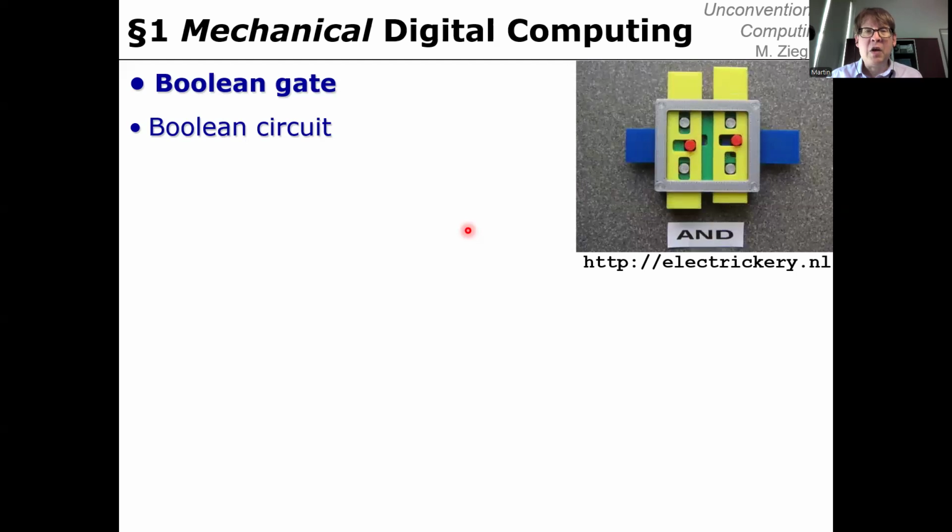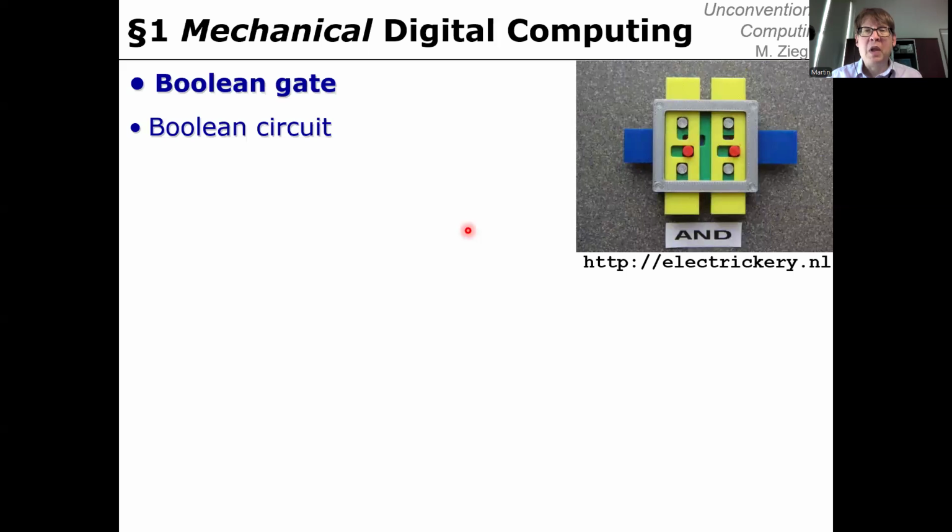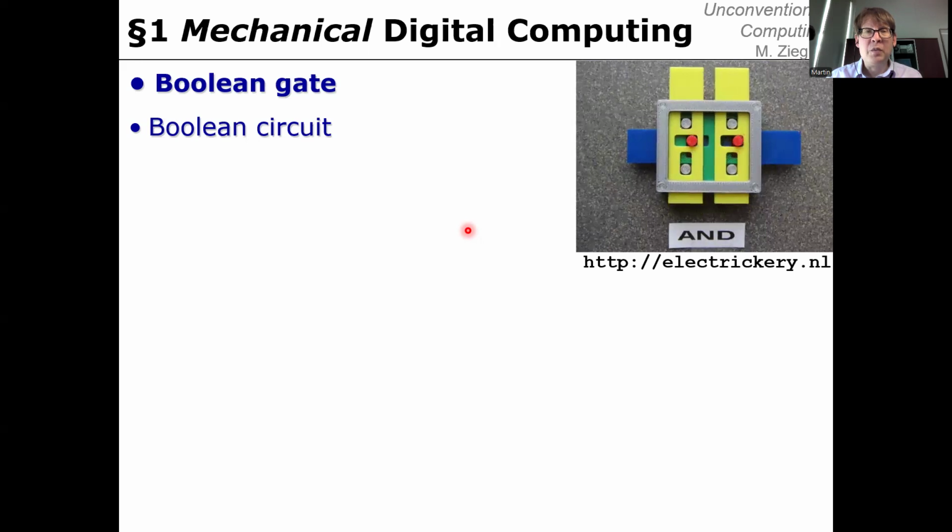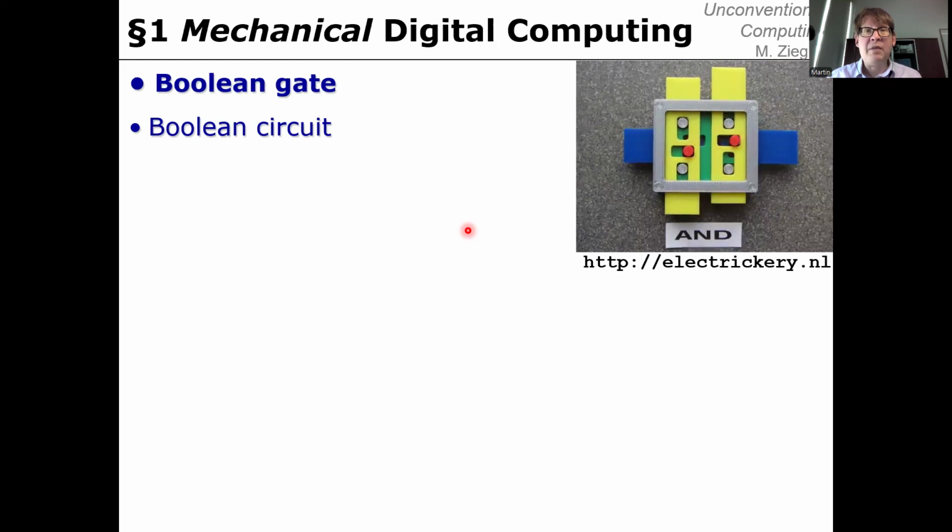And you see, only if both yellow bars are pushed down, if both input signals are 1, then the blue bar moves out on the left. So no, it doesn't move out on the left. Now it doesn't move out to the left. And now it moves out to the left because that's an AND gate, right?